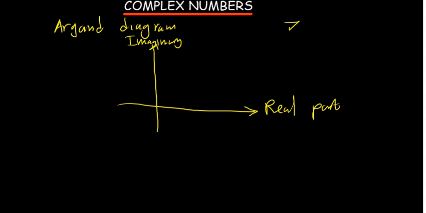So if you have got a complex number z which is equal to a plus bi, you can write this as a coordinate. As a coordinate, this is going to be a comma b. This is representing the real number, and then the b is representing the imaginary part.